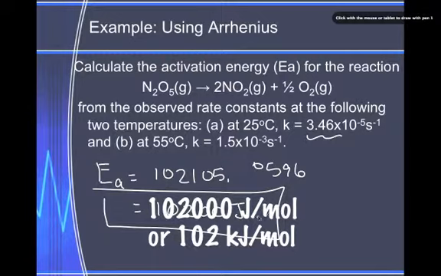And that's got to be joules per mole. My temperatures canceled out. So remember what your units for R were, joules per mole per Kelvin, right? So that's how we use the Arrhenius equation to get to that activation energy.